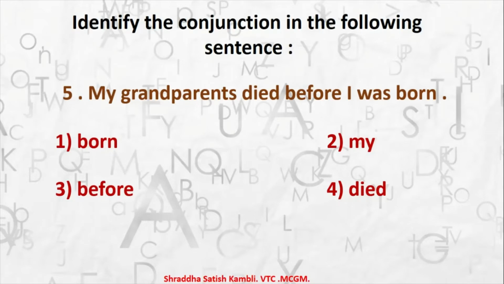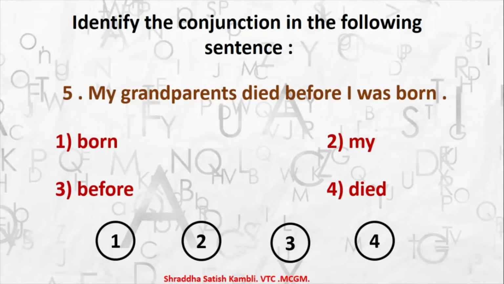Which one is the conjunction here, children? Yes, it is the third one, before, which is the conjunction. Here we come to the end of the examples as far as pattern number 1 is concerned, where you looked at a sentence and tried to place your finger on the word which is the conjunction in that particular sentence.